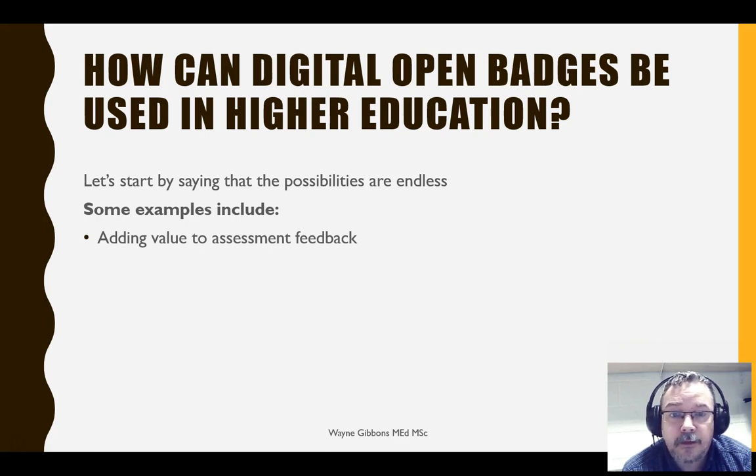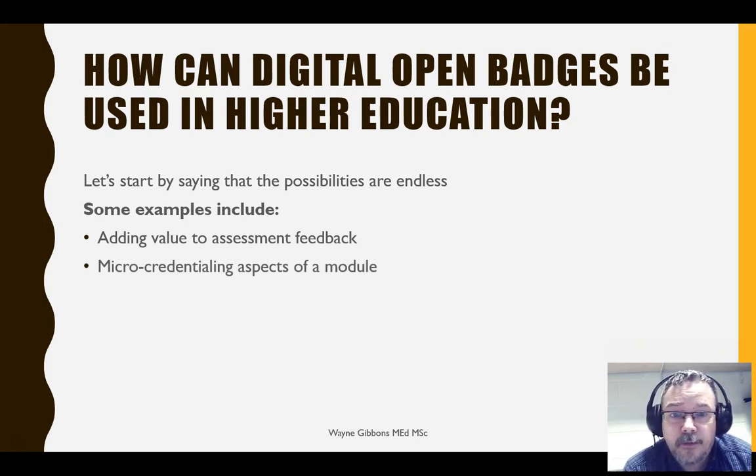The value that it adds is that the student can then share that feedback. If they do very well in an assessment, for example, they're not just going to get a grade, but they're also getting a badge for it, which they can then use for links to employability, for example. So it adds a little bit more value for the student rather than just getting either a text or a number.